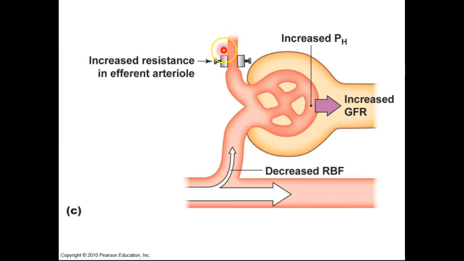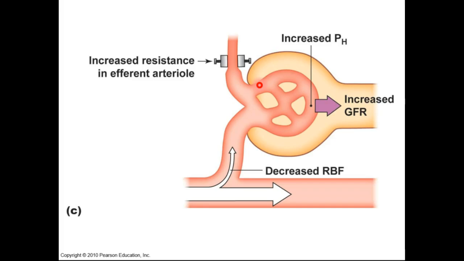Now imagine we then constrict the efferent arteriole and relax the afferent arteriole. What happens to the blood volume within the glomerulus? It increases. And what happens to hydrostatic pressure? It also increases. And then what happens to GFR? Increases.